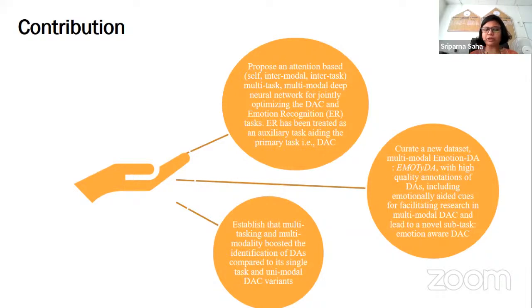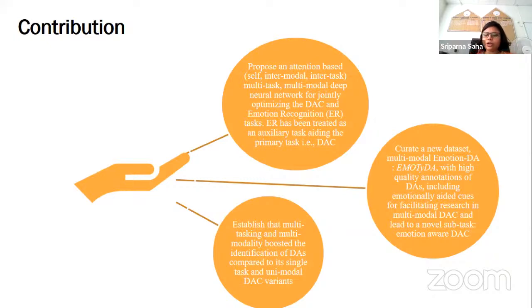That's why we created our own data set, which is called EMOTyDA. This is a multimodal emotion DA data set. In this data set, there are three modalities: audio, video, and text. And each utterance has two tags. One is for the dialogue act, and the second is for the emotion.